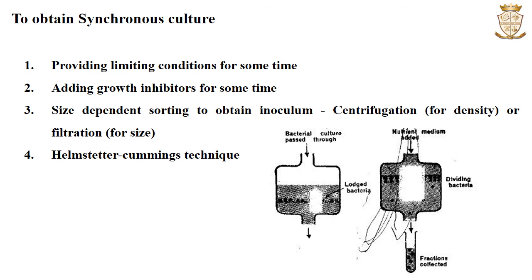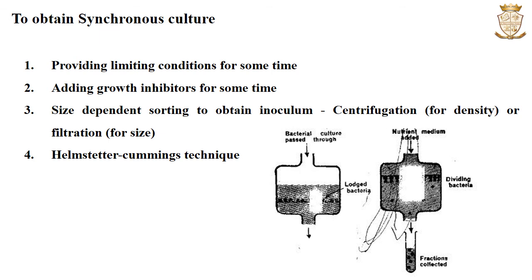So, here a population of cells is passed through a membrane filter. Certain bacterial cells will be trapped in the filter. The filter is then inverted. Fresh nutrient medium is flowed through the membrane filter. Then the loosely associated bacteria are washed from the filter.